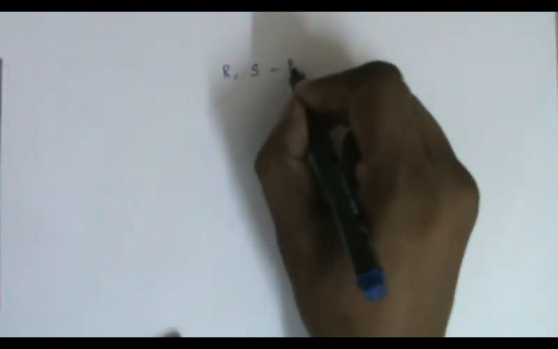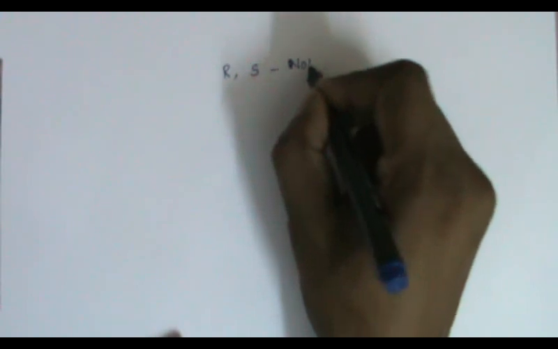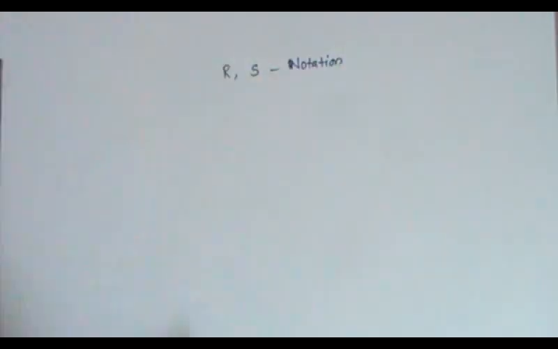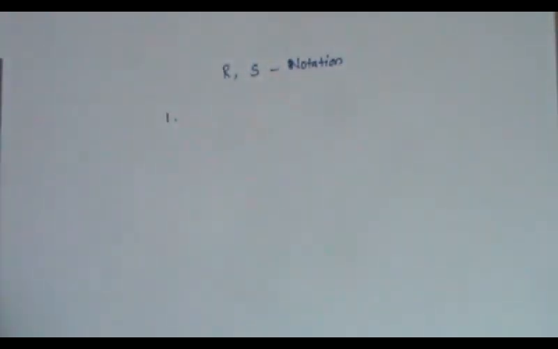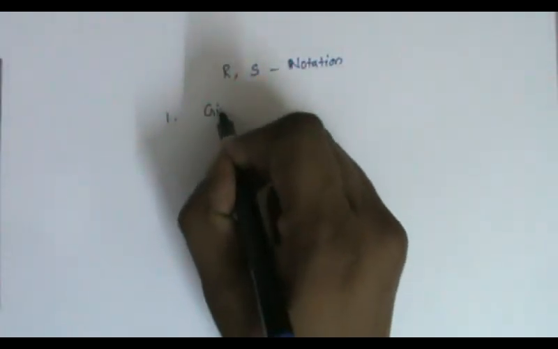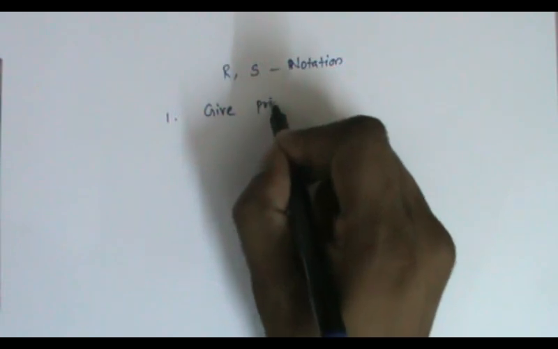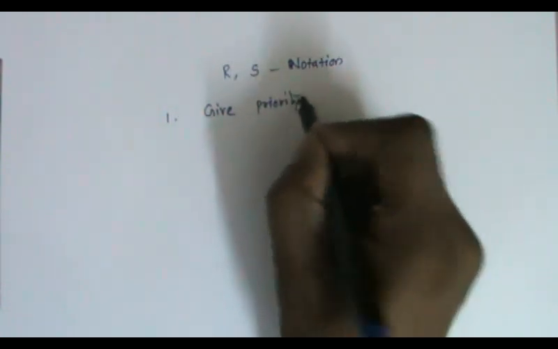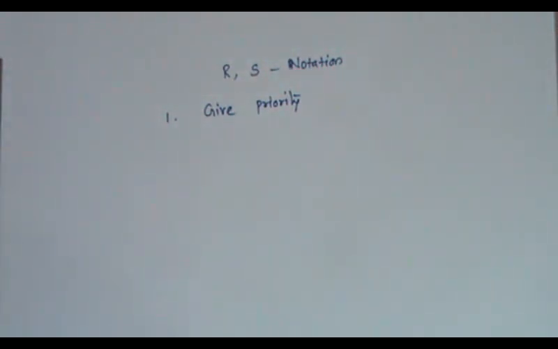Now let us go for the RS representation or notation. In that, the first rule is you have to give priority. Generally, students make mistakes in giving the priority itself. If you practice more problems, then you can get this. Otherwise, it will be difficult.